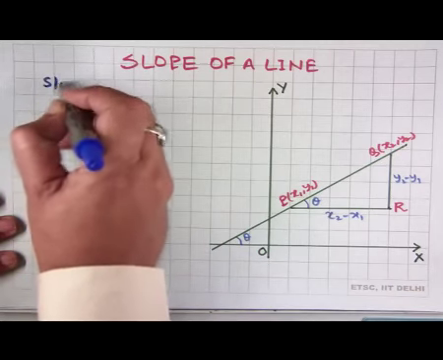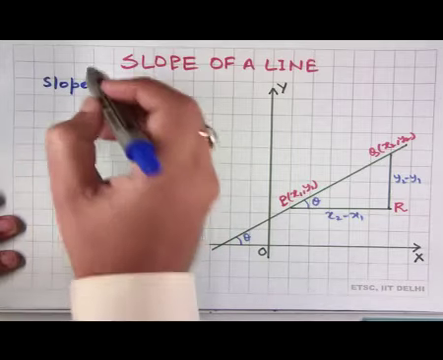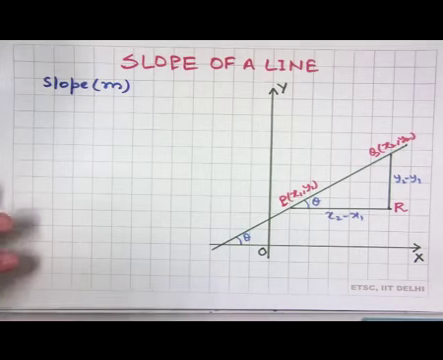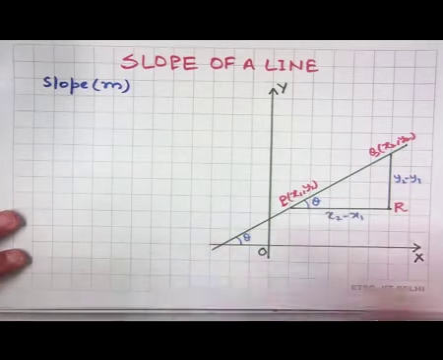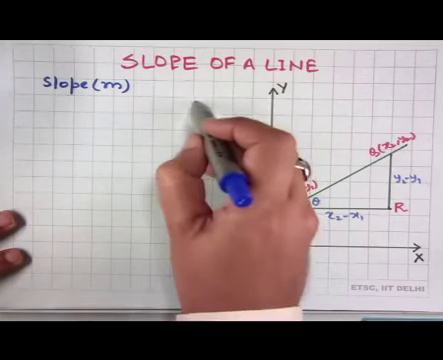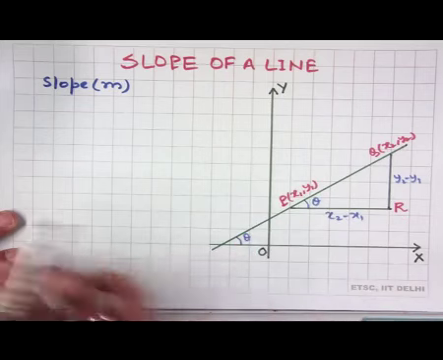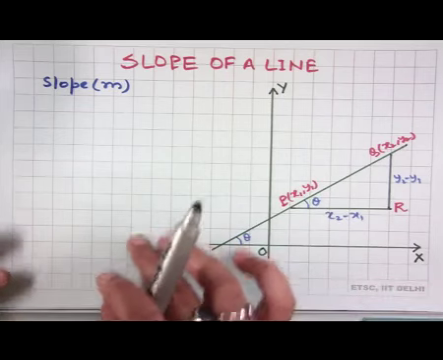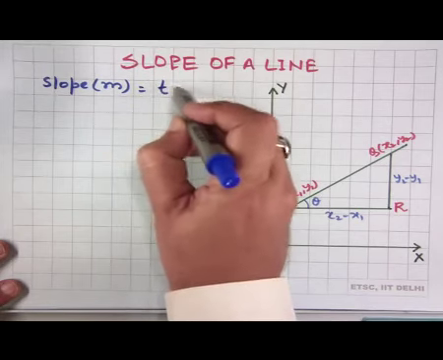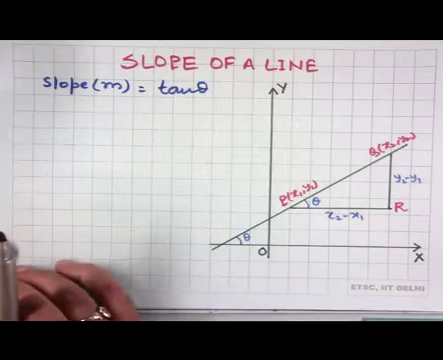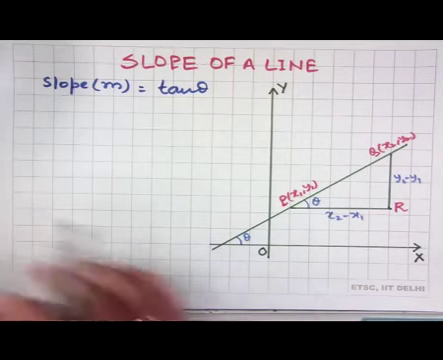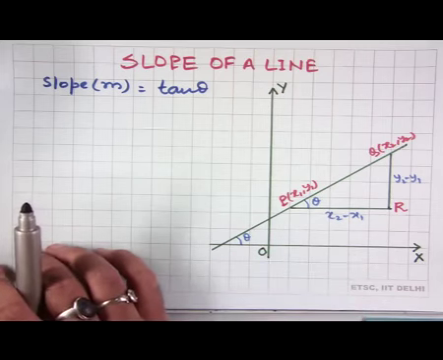We represent slope by the symbol m, and if any line makes angle theta with the positive direction of the x-axis, then its slope will be tan theta. So the tangent of the angle of inclination is called the slope of a line.